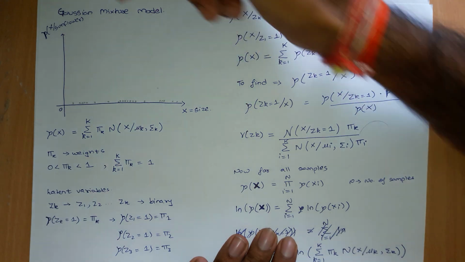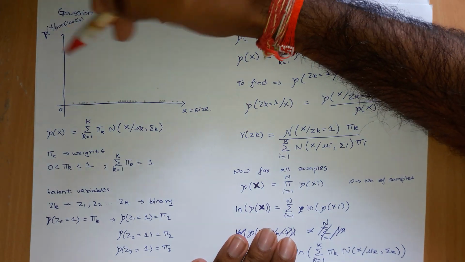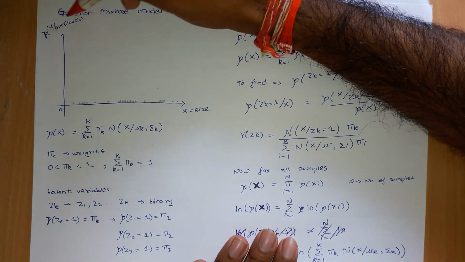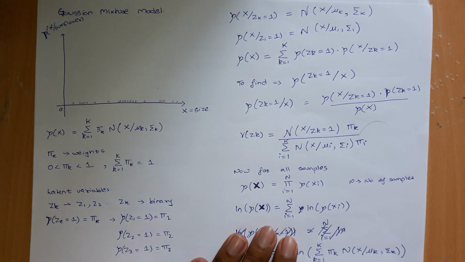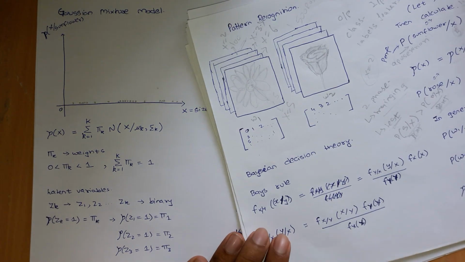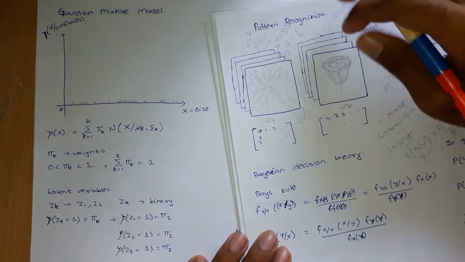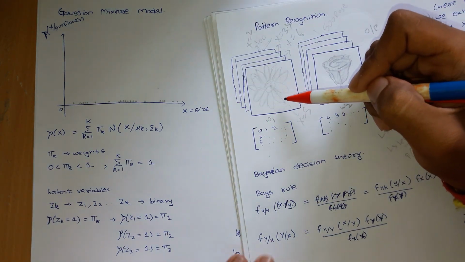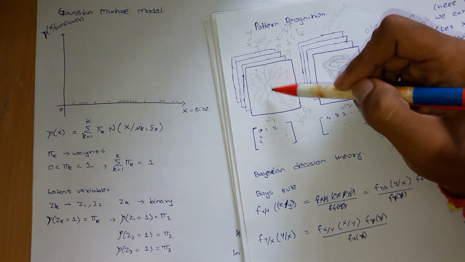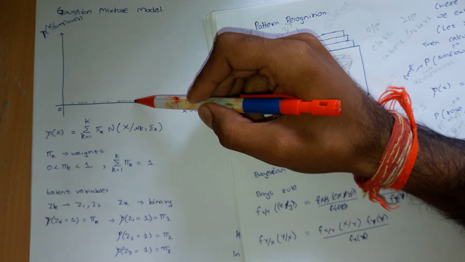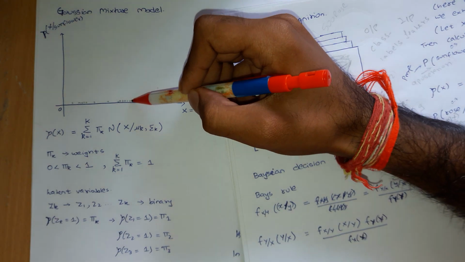Let us say I have some likelihood of sunflower. These are the images of sunflower, and I am plotting the size of the sunflower of every image. The first image size may be some value over here, the second image size over here.